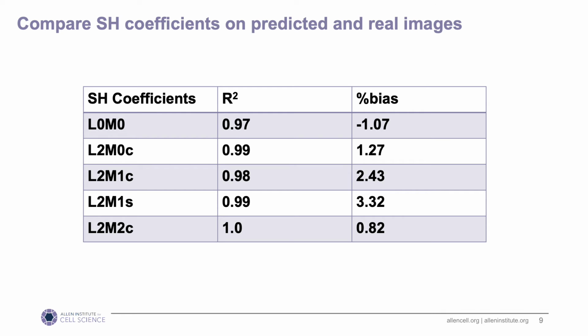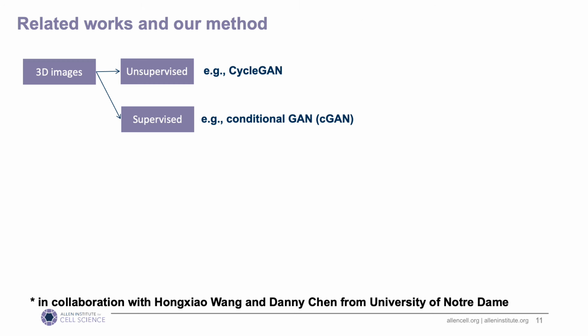A key message we want to emphasize here is that no matter what deep learning model is used for denoising, deconvolution, generating images of higher resolution, or whatever, biology-driven, application-specific validation is the key to a successful application.